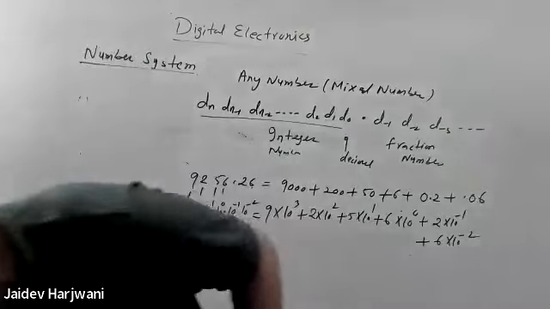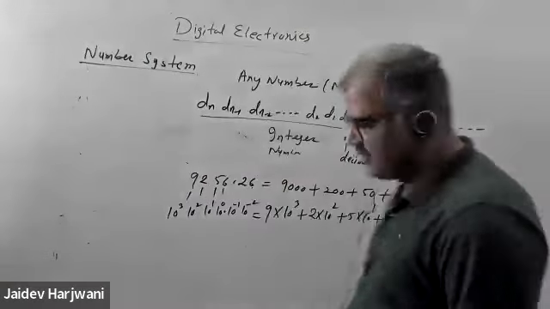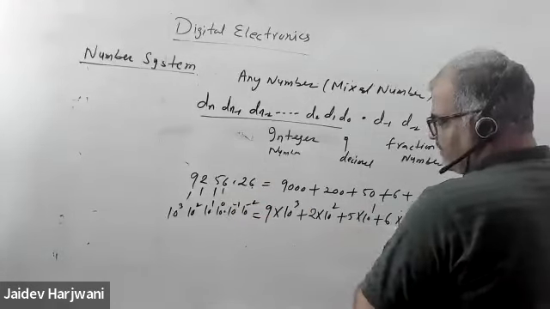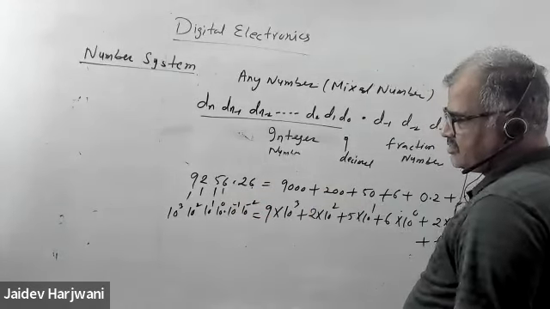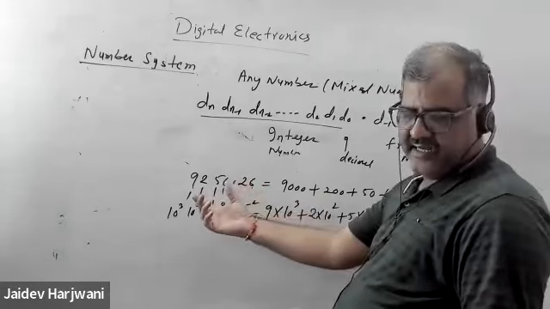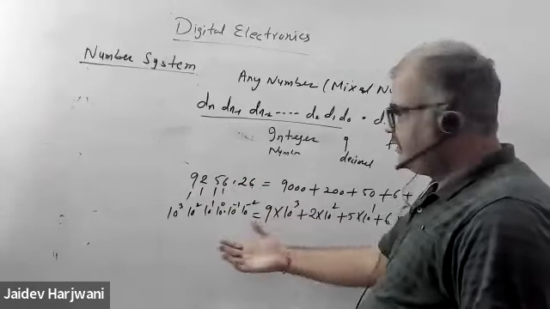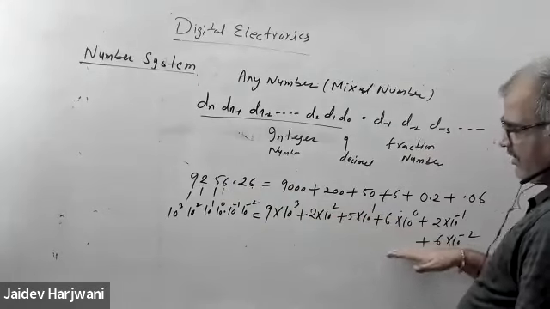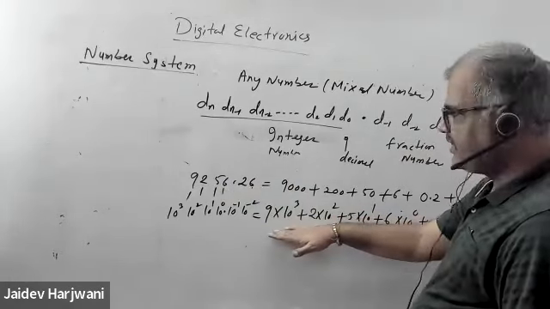So this is the way of writing a decimal number system, and it has base 10. If there is any number, I can convert it into a decimal number by writing it in this way, if I know the base of the number.